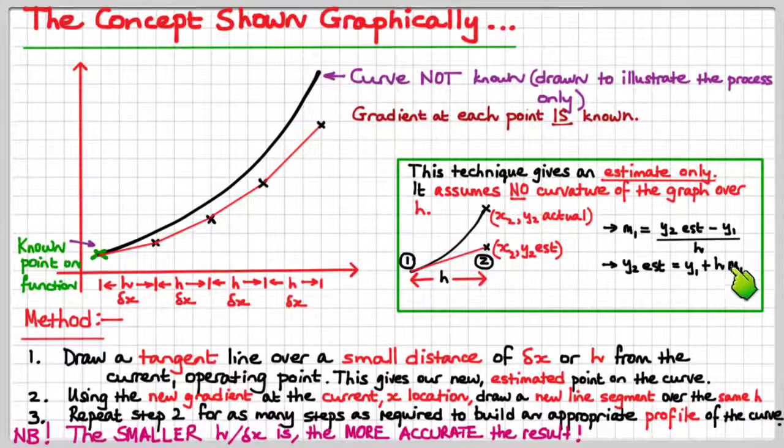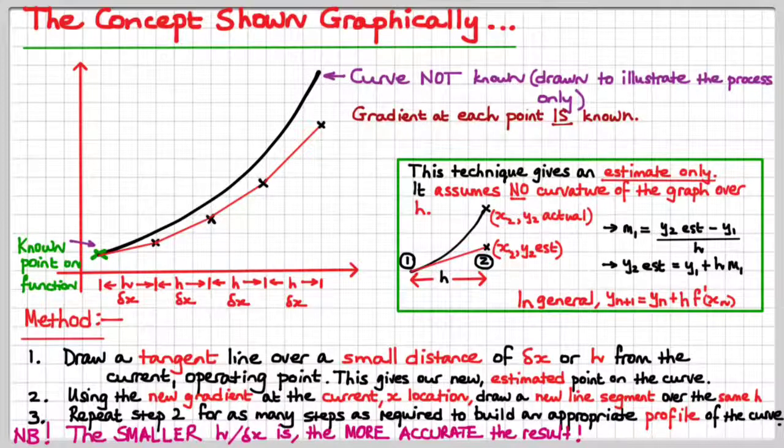The gradient at point 1 times h gives our new estimated point at x value 2. y2 estimated equals y1 plus h times the gradient at the previous point, in this case point 1. Okay, that's the formula. That's Euler's formula for this estimate, the Euler method for solving DEs, yeah?